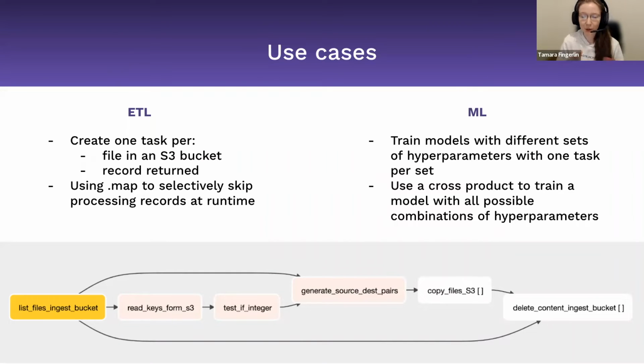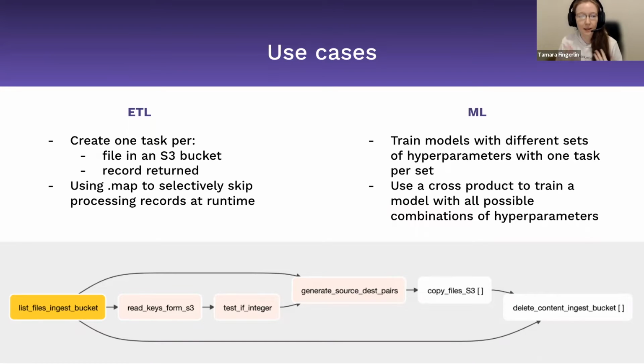records. This is really useful if you have files in an S3 bucket, and for example, you want to skip all of those that have a certain prefix, or you want to skip all of those that contain something. You can see on the bottom of the screen one such example DAG that is an ETL DAG.